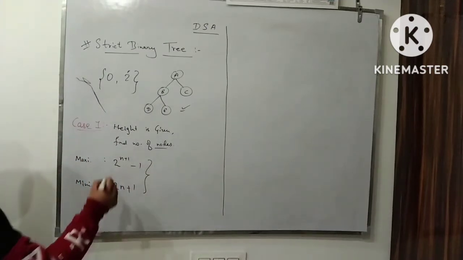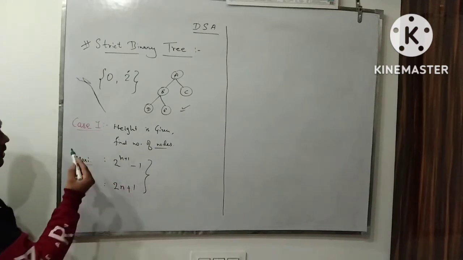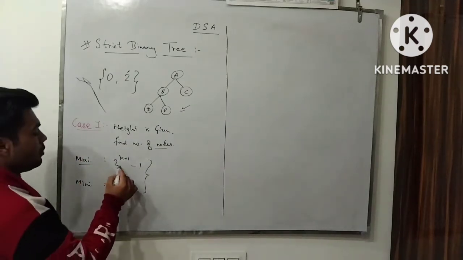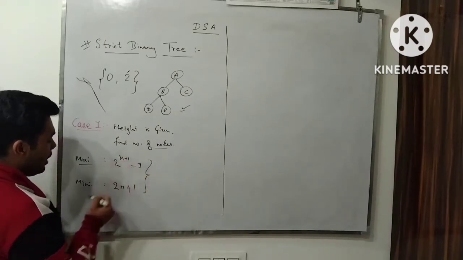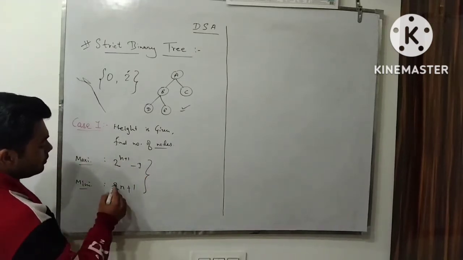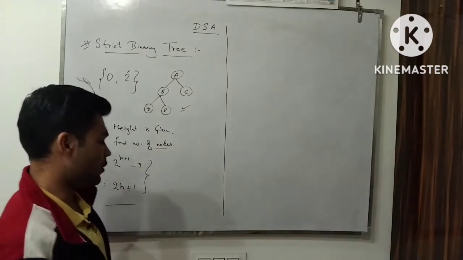Here's the formula: when the height h is given, the maximum number of nodes is 2 to the power h plus 1 minus 1, and the minimum number of nodes is 2h plus 1. This is the formula.